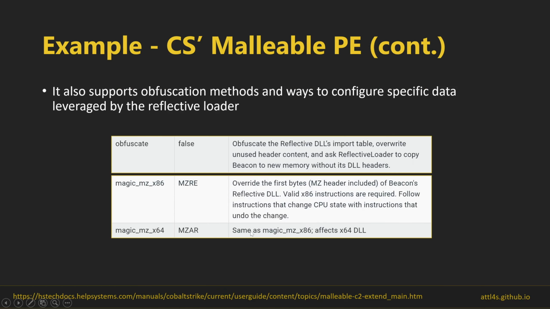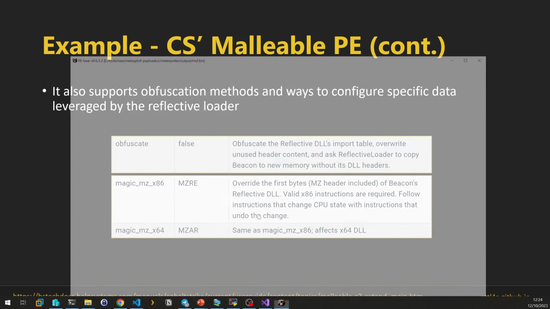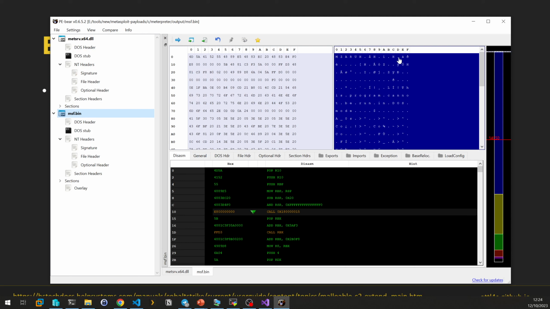You can replace those bytes with other ones, but you need to make sure that they are valid assembly instructions, because this is, at the end of the day, shellcode. We can't place arbitrary things in this location, because we may break the bootstrap code.